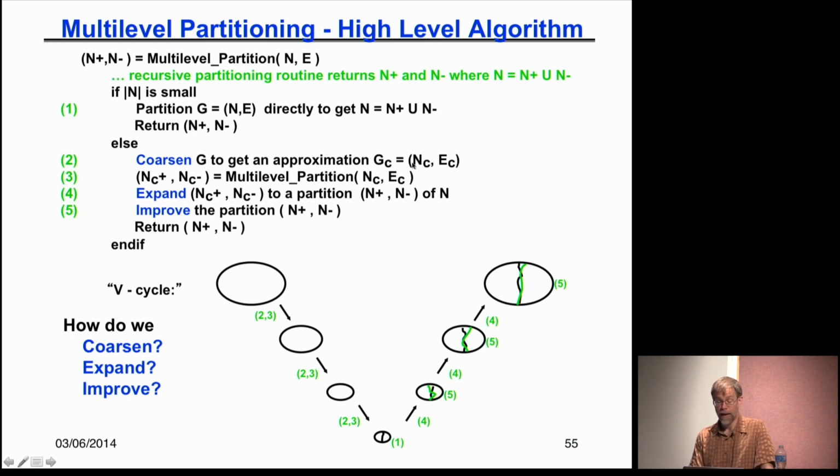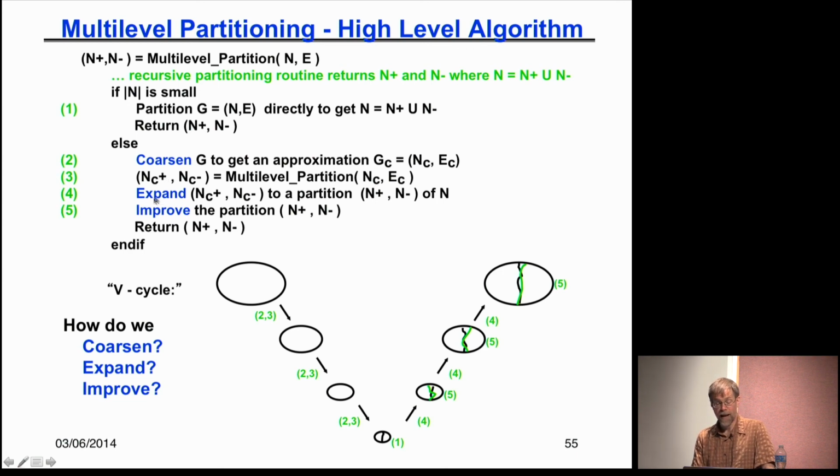Otherwise, I'm going to do that coarsening, and depending on whether it's Kernighan-Lin or spectral, there are different ways to coarsen it, to take every other vertex or every other edge, and I'll probably go into that next time. Then I call this subroutine recursively to get a coarse partitioning, so n sub c plus and n sub c minus are the partitioning of the coarse vertices.